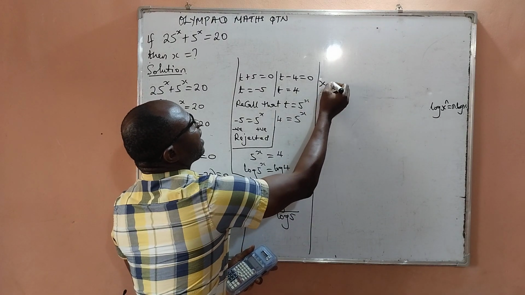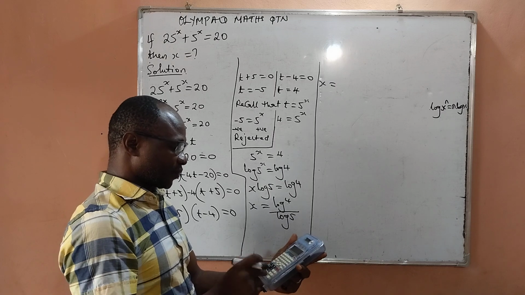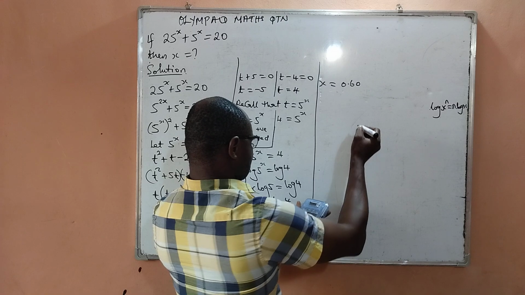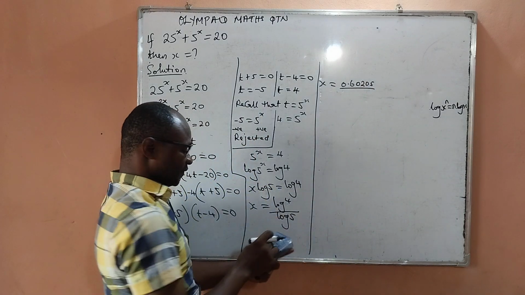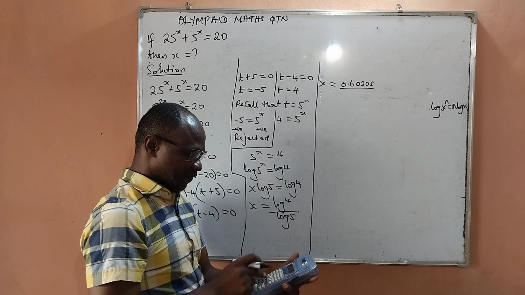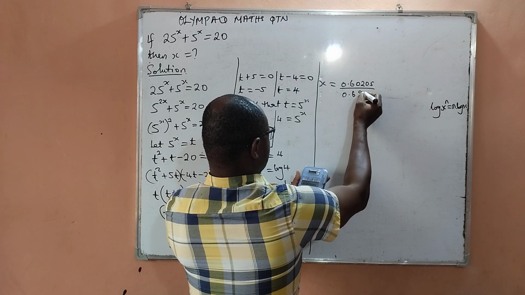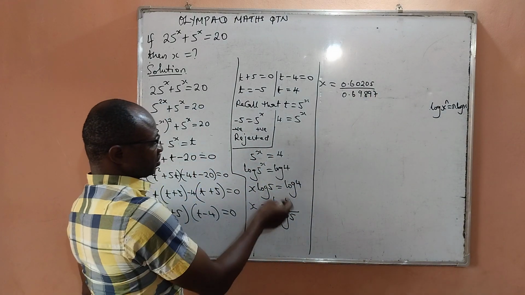Therefore, x is equal to the log of 4, which is equal to 0.60205 divided by the log of 5. And log 5 will give me 0.69897.